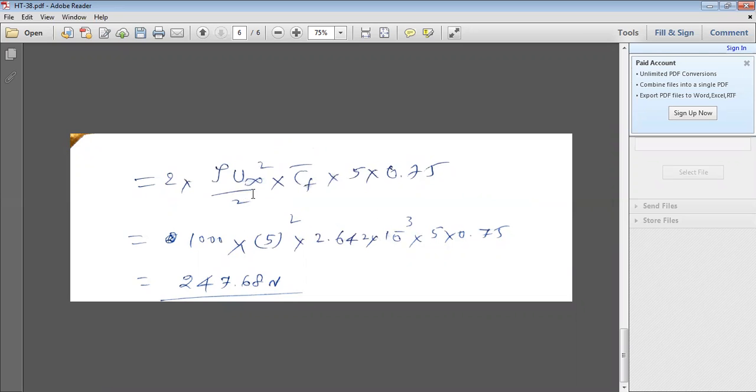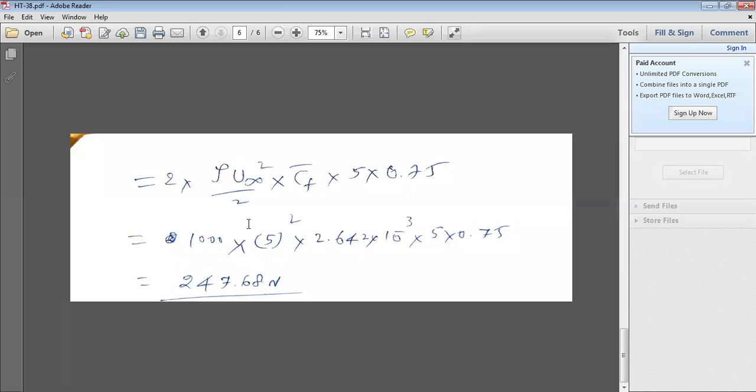So here the 2 gets cancelled. Then the formula is rho into U free stream square into CF bar into 5 into 0.75. What is the fluid here? Water. What is the density of water? 1000 kg per meter cube.